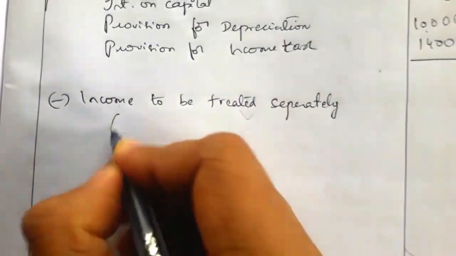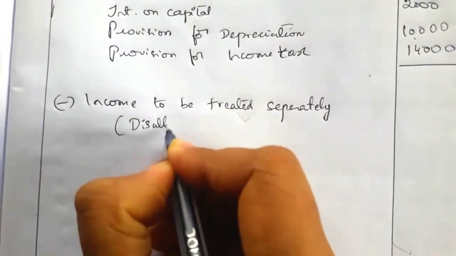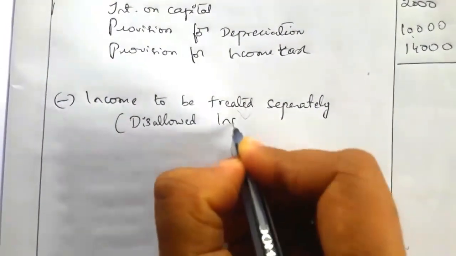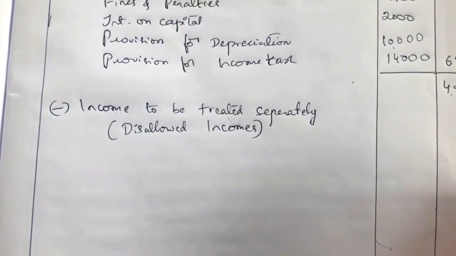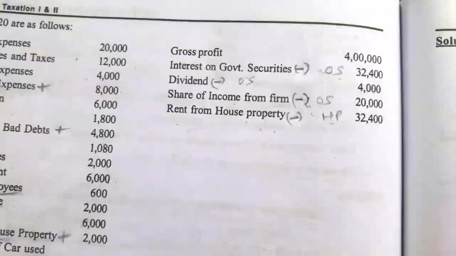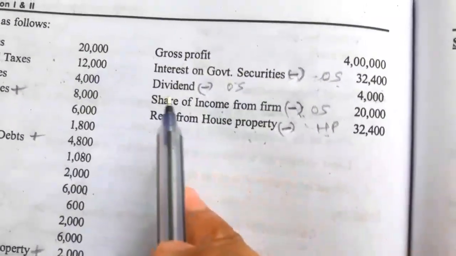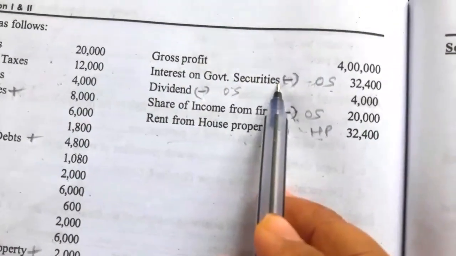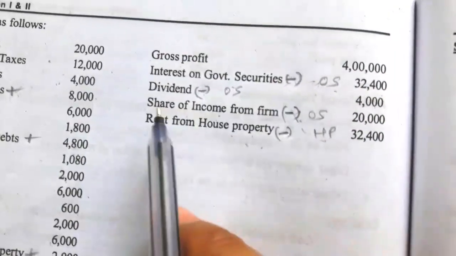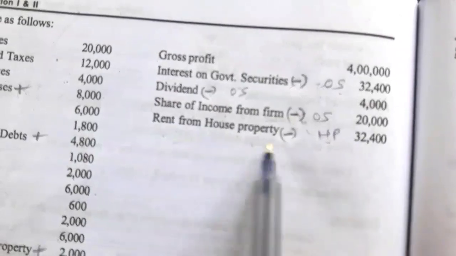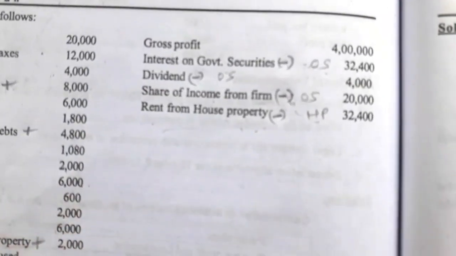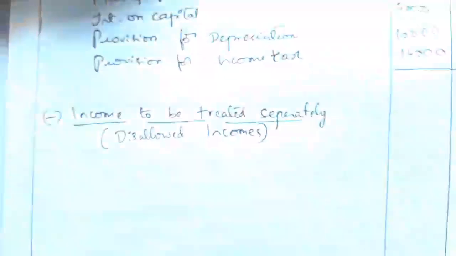Income to be treated separately is nothing but the disallowed incomes. For writing disallowed incomes, we have to see the credit side of the profit and loss account. First one is interest on government security, a disallowed income. Dividend income is also disallowed. Share of income from firm is disallowed. Rent from house property is disallowed. So write the disallowed incomes one by one under the head income to be treated separately.